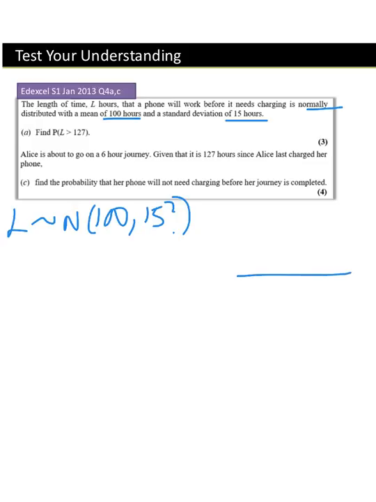Quick diagram of that there, with mean 100. It says find the probability that L is greater than 127 hours. So we need that area there.